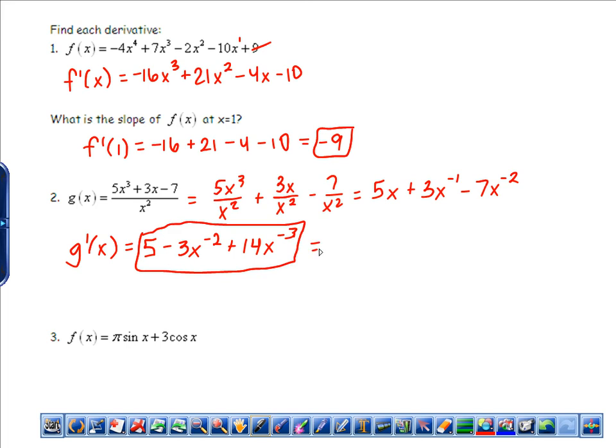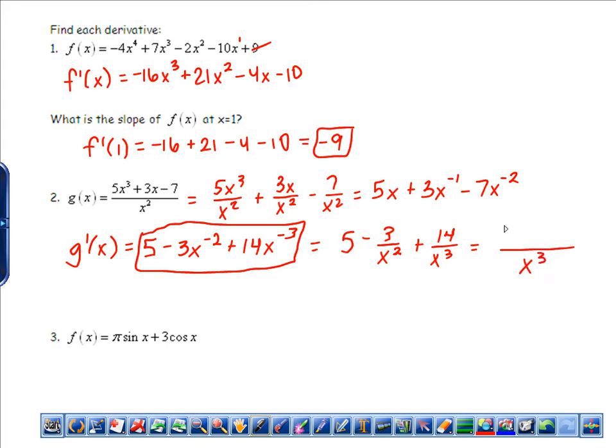If this bothers you, or if you were going to use this for something else, you might want to make it look more like the original problem. And that is really not that hard to do. The first thing I'm going to do is kind of just working backwards from what I did before. 5 minus 3 over x squared plus 14 over x cubed. What would the denominator be? It would be x cubed.